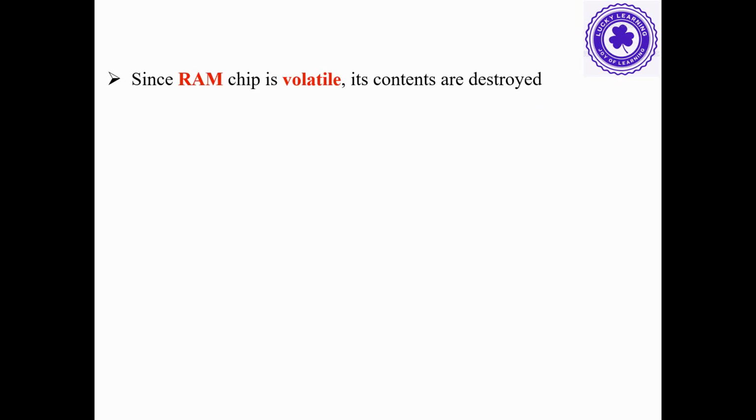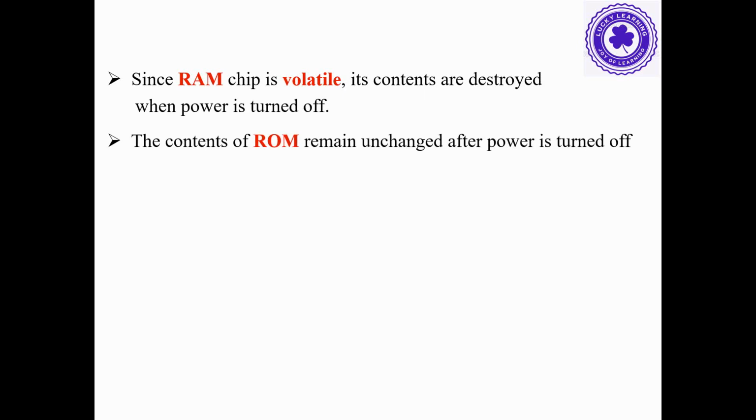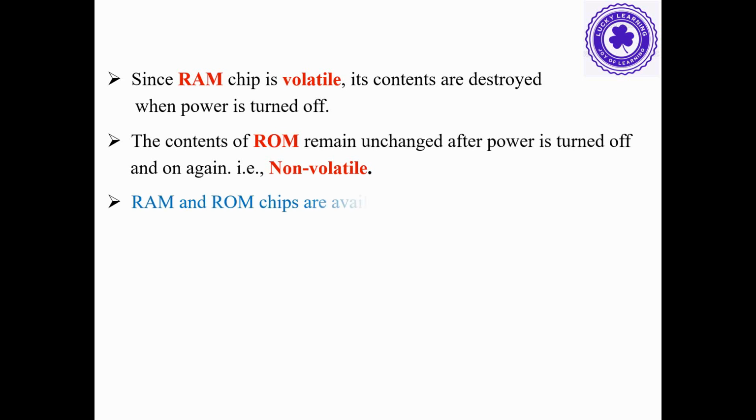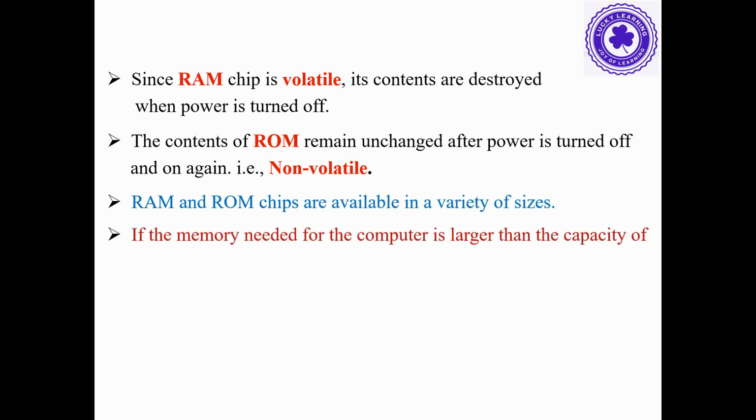Since a RAM chip is volatile, its contents are going to be destroyed when power is turned off. The contents of ROM remain unchanged after power is turned off and on again. That's why we can call it non-volatile. RAM and ROM chips are available in different sizes.